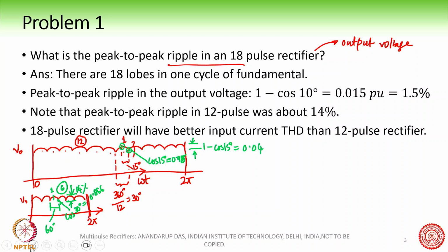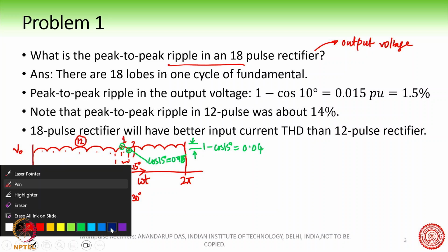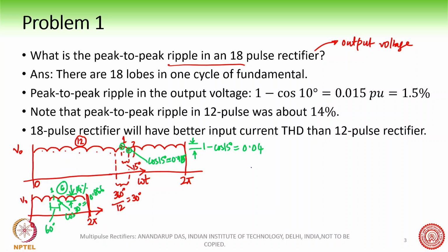So what will happen with 18 pulse? In an 18 pulse rectifier you will have 18 lobes in a time period of 2 pi, so I can find the maximum and minimum value of this waveform.